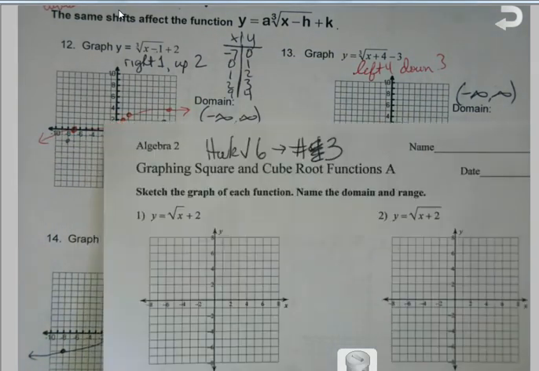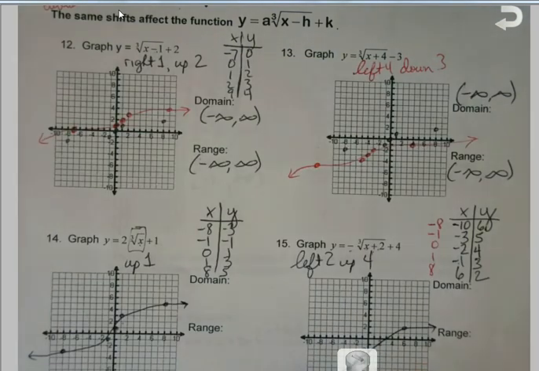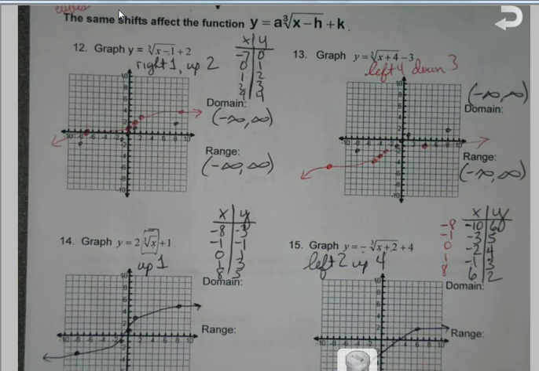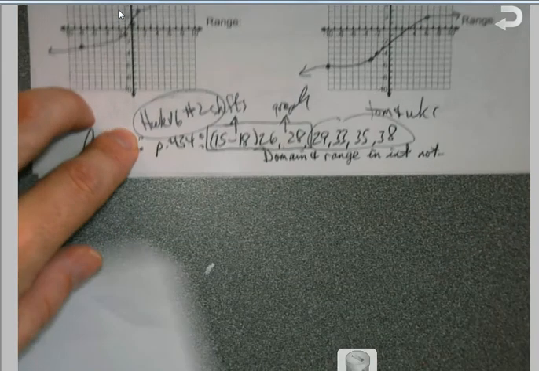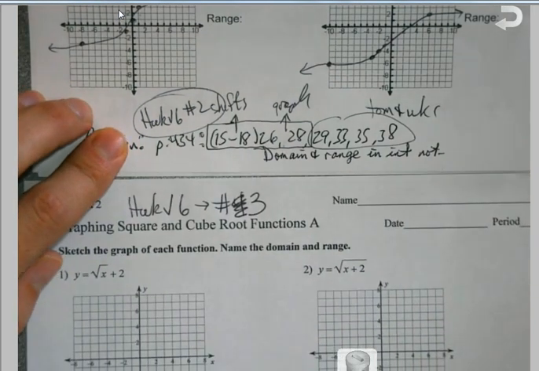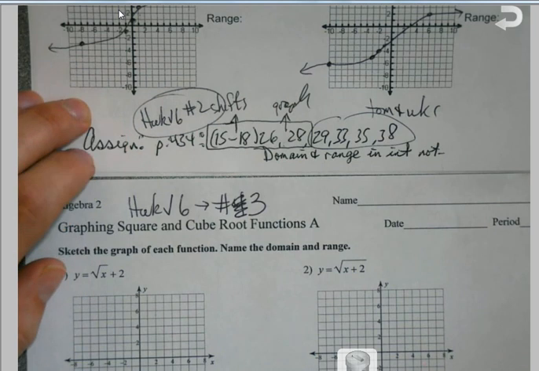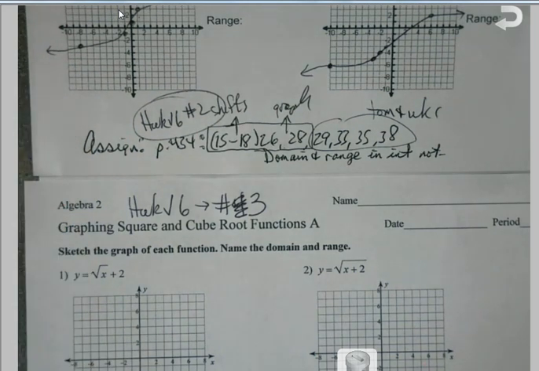This would be 3 because the bookwork was homework check 6 number 2. Oops. There we go. I'll get it all on the screen at once. So the bookwork's 2. That'll be 3. And then we'll just go from there.